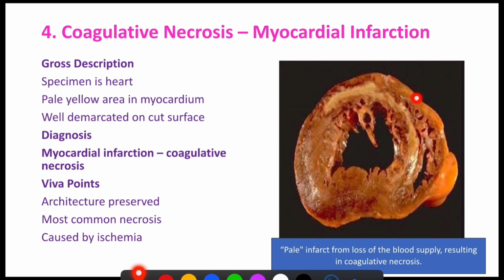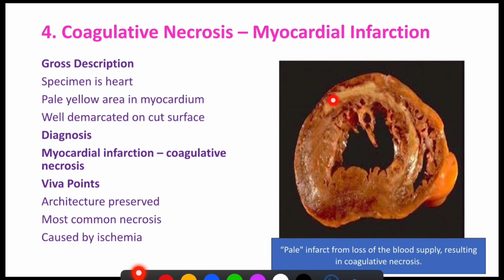Here there is a slice of heart already cut and you can identify this is the right ventricle, this is the left ventricle, and the left ventricular wall as well as the interventricular septum shows a well demarcated yellowish white area with a hyperemic border. See, you can identify this reddish line surrounding this yellowish white area. So this is the hyperemic border and this is the infarcted area.